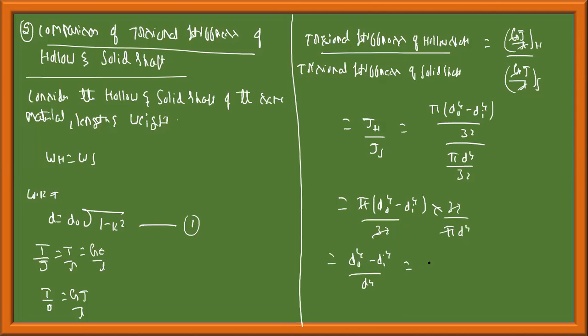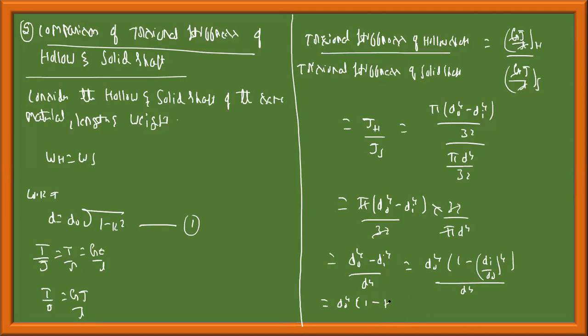If I take d naught power 4 common, it is d naught power 4 into 1 minus k power 4 by d power 4, where k is always di by d naught, lesser dia by larger dia. You should remember that.